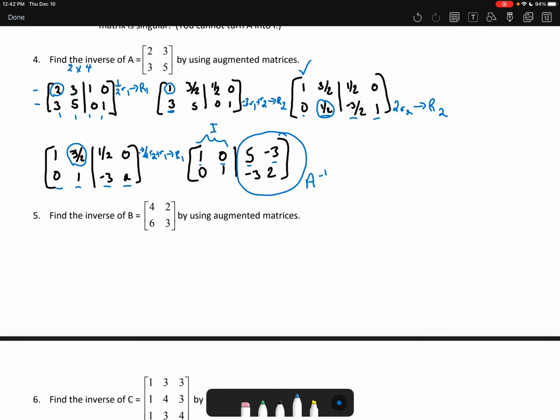Okay, let's try the same steps on this new matrix, matrix B. So I'm going to attach matrix B, [4, 6; 2, 3], to the identity, [1, 0; 0, 1], and work on this to try to turn that left-hand side into the identity and see what happens on the right.